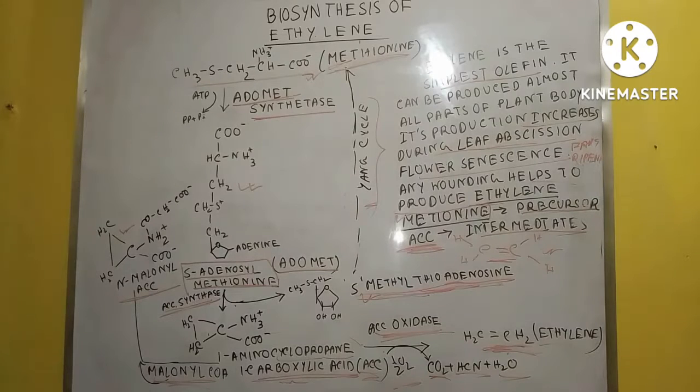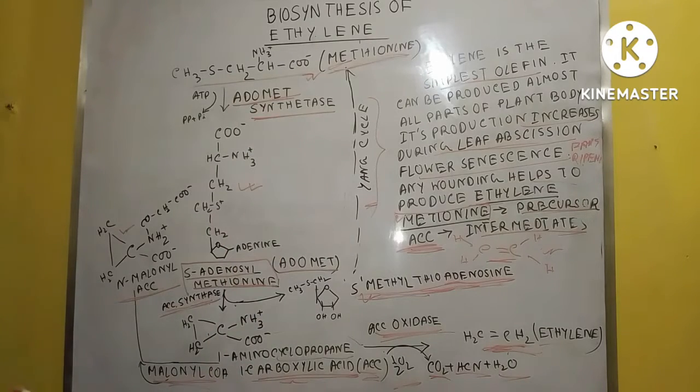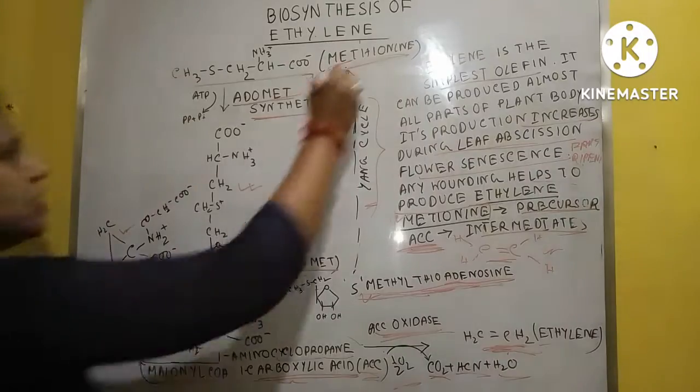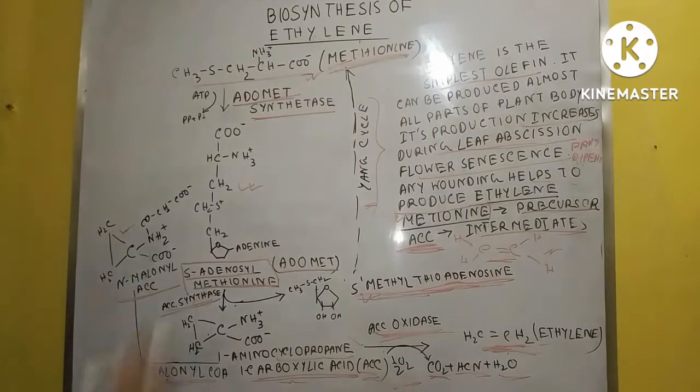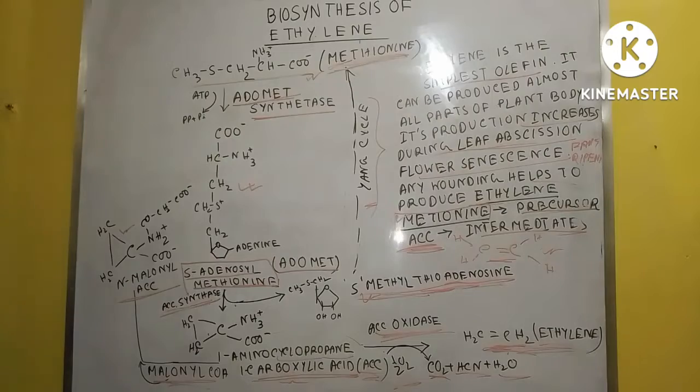I think you can properly understand this biosynthesis. This is the actual process: how ethylene is produced from methionine through S-adenosyl methionine and ACC. Then after that, the production of ethylene you can see here.